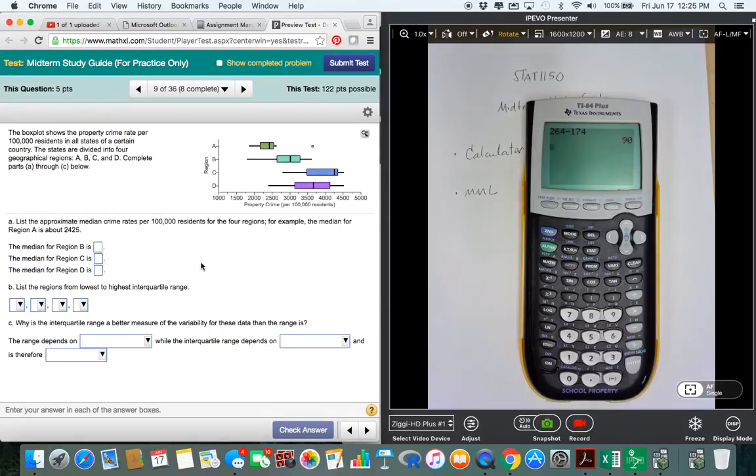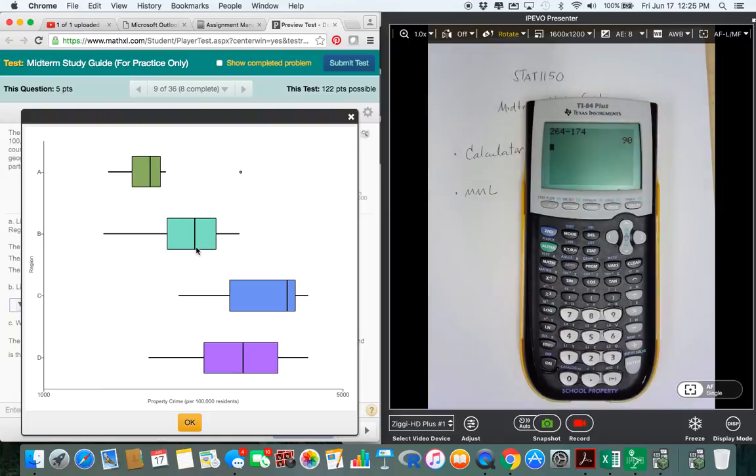Okay, box plots. So we have a side-by-side box plot. It looks like we have 4 different geographical regions. So list the approximate median crimes for B, C, and D. So I'm going to make this larger so I can see it. So for B, it looks like to me that, well, this is kind of tricky, isn't it?